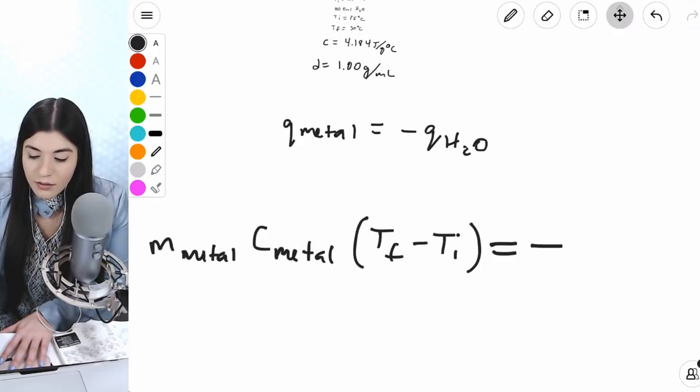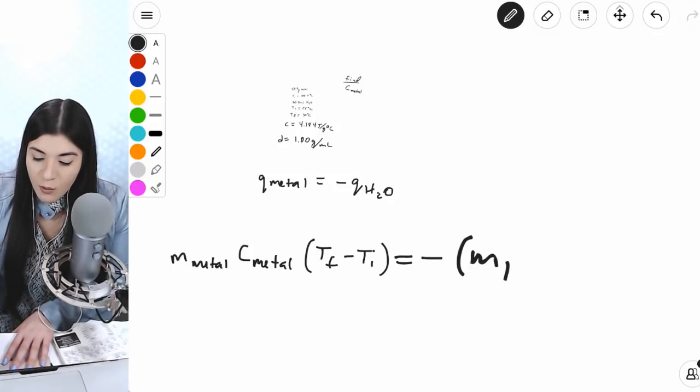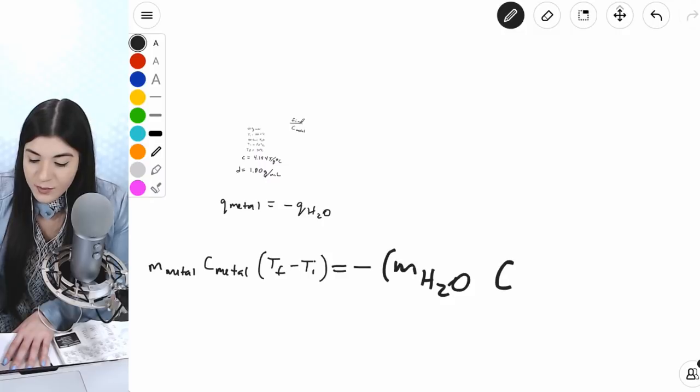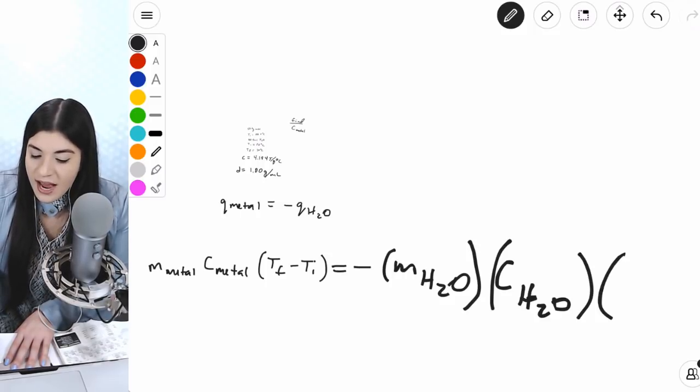That's going to equal the negative mass of our water, which we will have to use the density to figure out, times our specific heat capacity of water, which was that 4.184, and then our change in temperature once more.